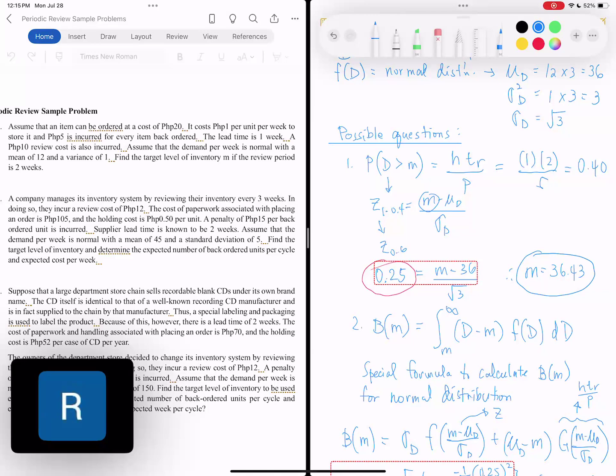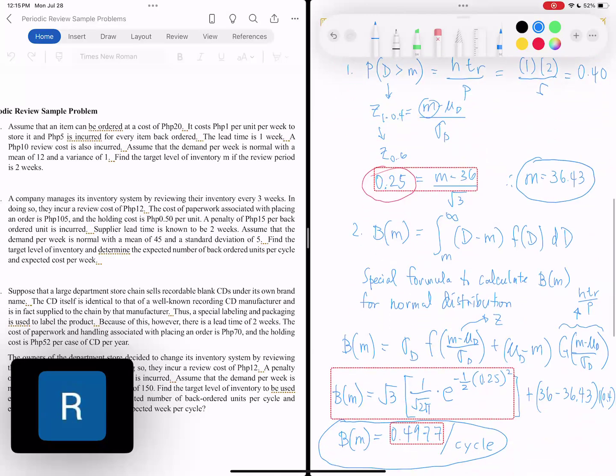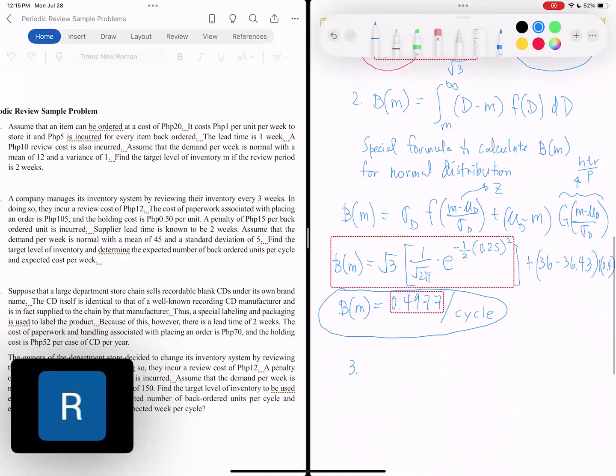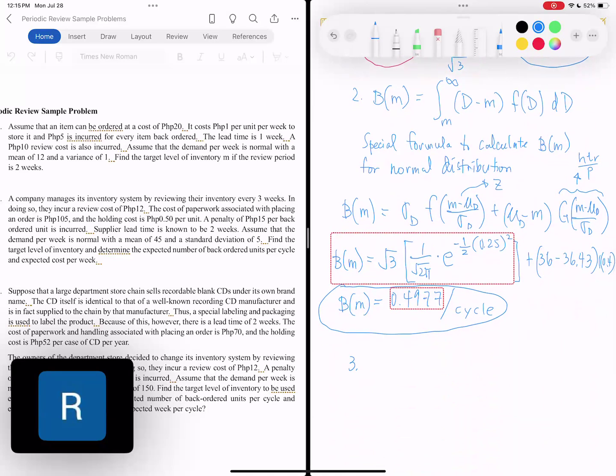Okay, possible questions. The first one is M. The second one is BM. And the third one, of course, is if this will be asked, expected cost.